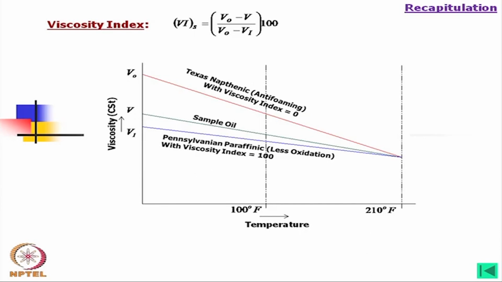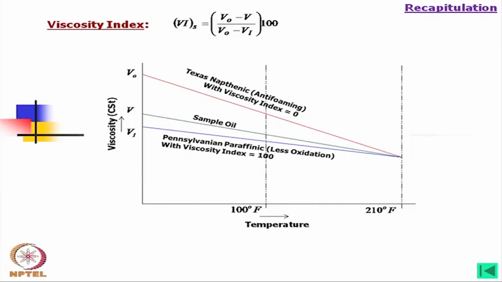This means that this oil can be used within a short temperature range. If the temperature range is small, we can go for such an oil with a poor viscosity index. But if we have to use the same oil over a wide temperature range, we should go for a very good viscosity index.